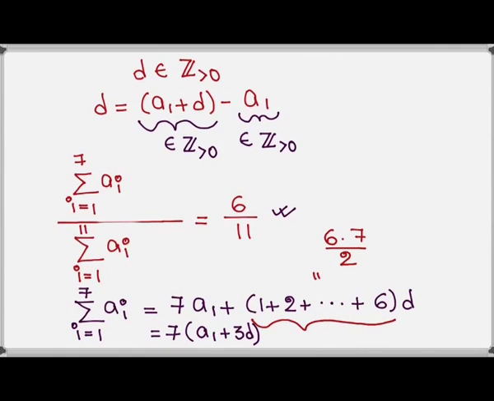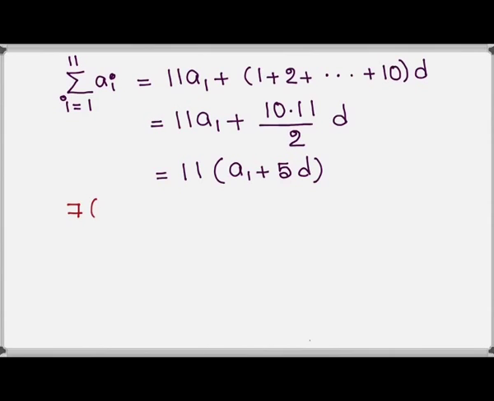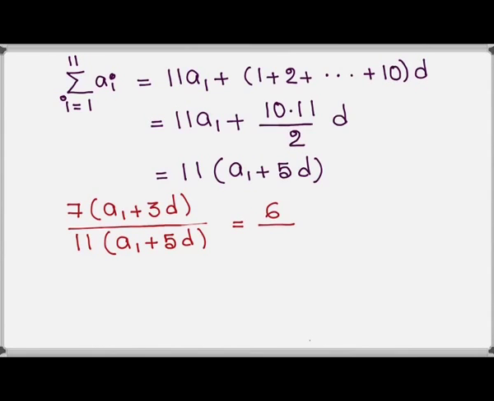Therefore, from this equation we get 7 into A1 plus 3D divided by 11 into A1 plus 5D is equal to 6 by 11.